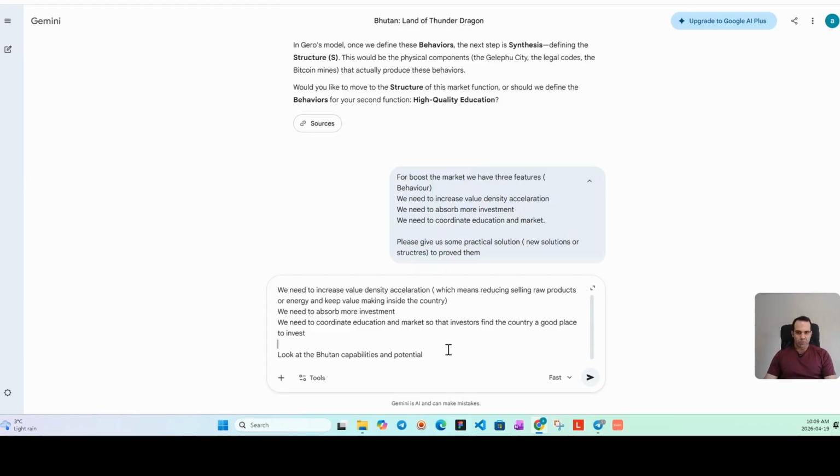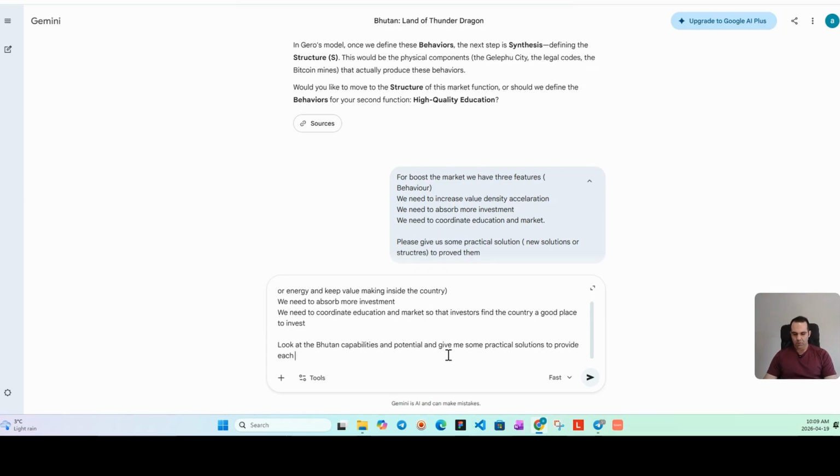And then look at Bhutan's capabilities and potential and give me some practical solutions for each behavior.